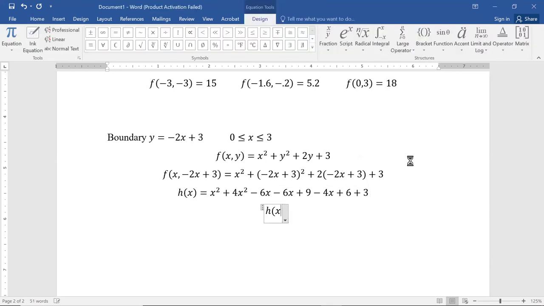So my single variable function is 5x squared minus 16x plus 18.